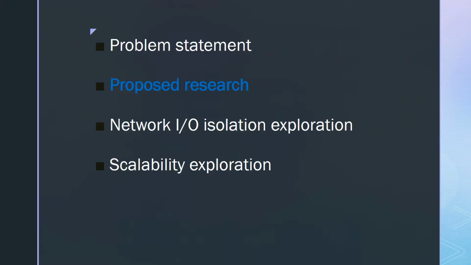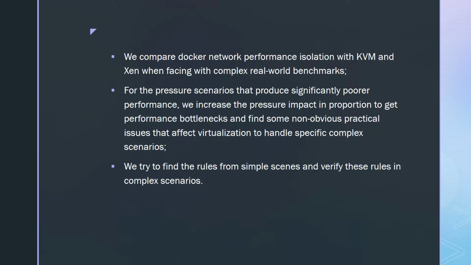Then let me talk about the proposed research. We need to compare Docker with KVM, the first being full virtualization and the second being para-virtualization. What I did differs from other work because in the pressure scenario, which produces significantly poor performance, we increase the performance impact to find the performance bottleneck.